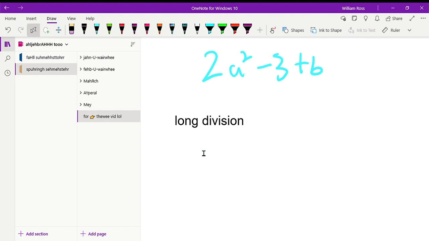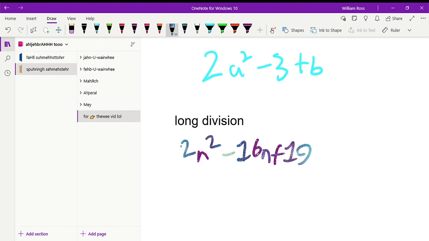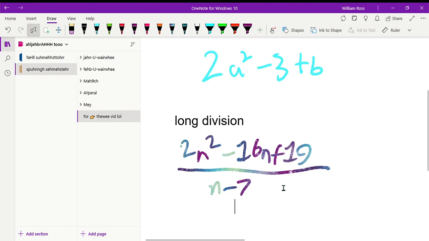Alright, let's get on to long division. Enough talking. So let's try 2n squared minus 16n plus 19 over n minus 7. Now, this can be written in 3 different ways.